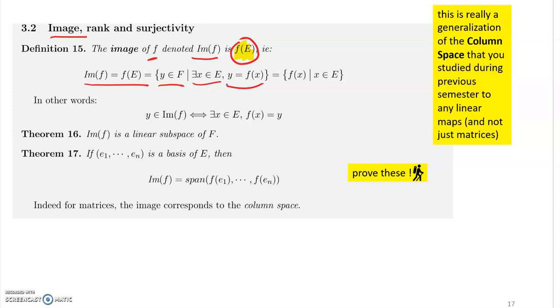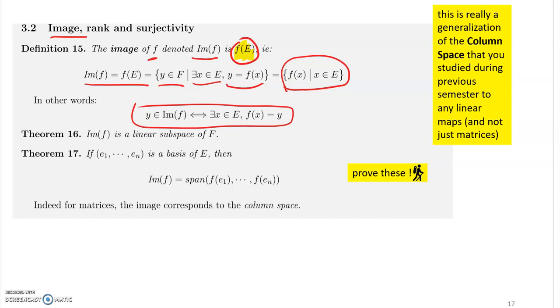Another way to write that is the set of all f of x's for all x's in E. So it's just a very typical way to describe the image of a function. It just happens that in our case it's a linear map, but to define the image it doesn't change.